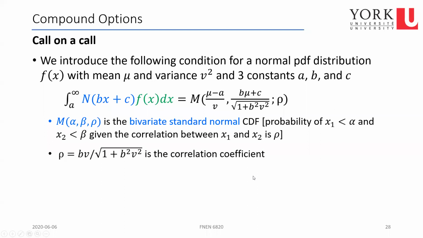Now for each of those integrals that we need, we figure out what A is, what B is, what C is. We know mu, we know V. Mu is the mean of f(x), and V squared is the variance of this probability density function. And we know rho through this condition here, then we can basically integrate them.